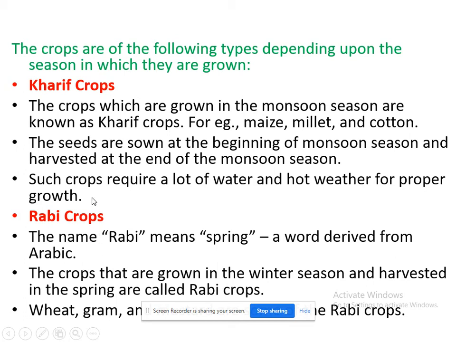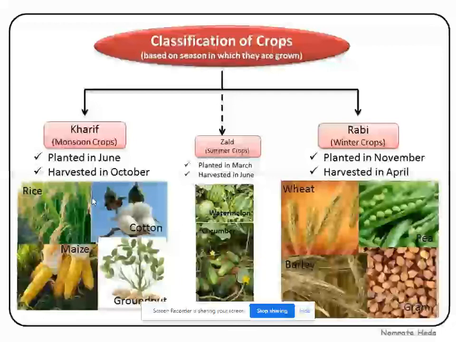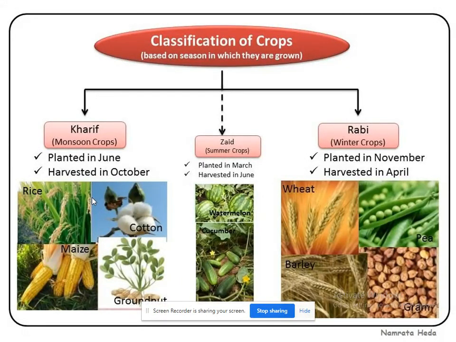I hope all students understood about Kharif crops and Rabi crops. Here see some pictures I have shown of Kharif crops and Rabi crops. So Kharif crops, when they are planted in the month of June. So June is nothing but the monsoon season, and they are harvested. Harvested means what?